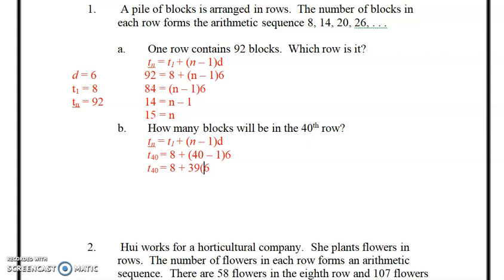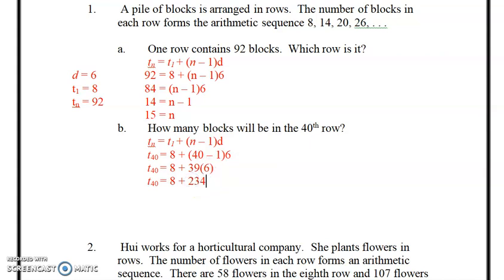So we take the 40 and 1 and subtract that, and we get 39 multiplied by 6, obviously. Then we take 39 and multiply it by 6, and we get 234. Again, I'm just going to copy 234. I know that's me being a little lazy.